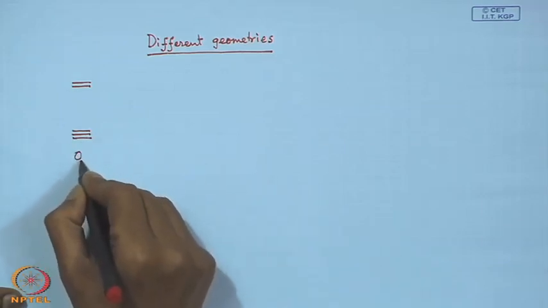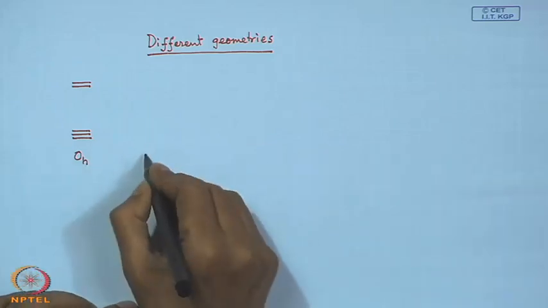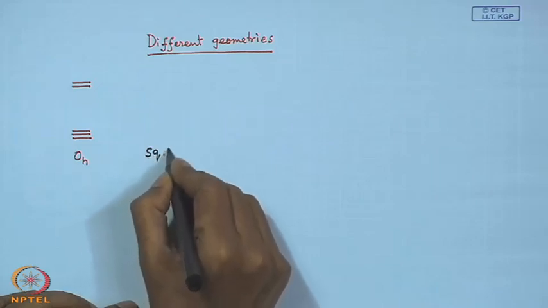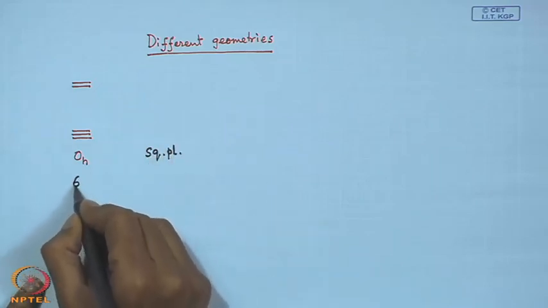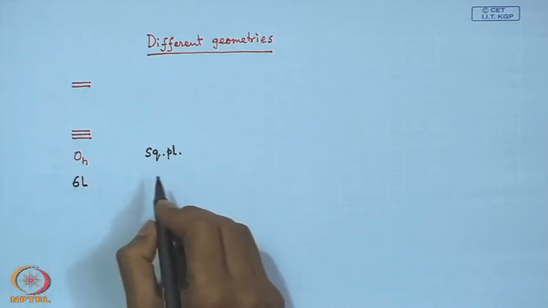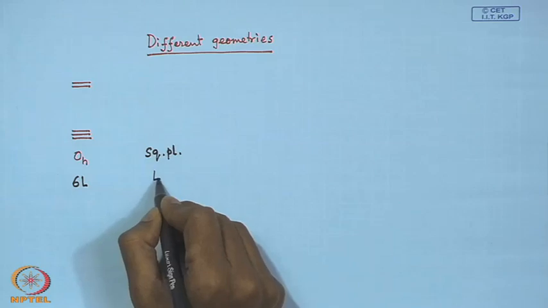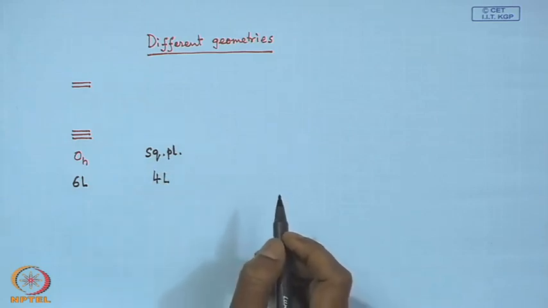If we have an octahedral crystal field and we move to a square planar one, we all know that the octahedral is obtained by putting 6 ligands around the metal center, and the square planar by putting 4 ligands around the metal center.